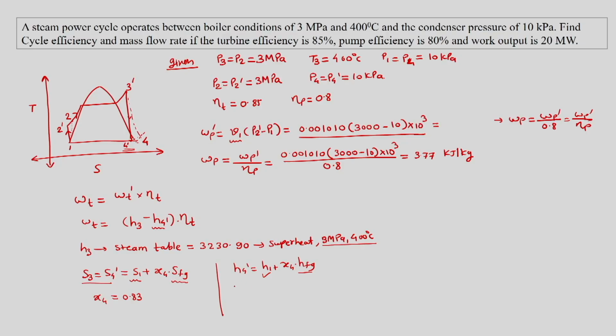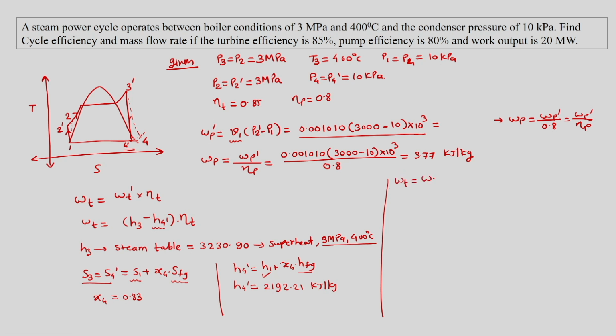From all these known numbers, H4' turns out to be 2192.21 kilojoule per kg.